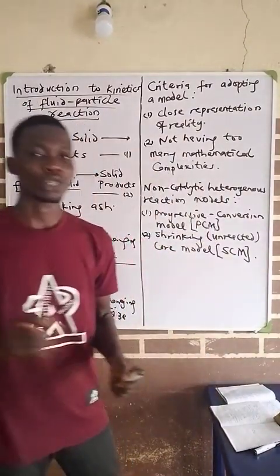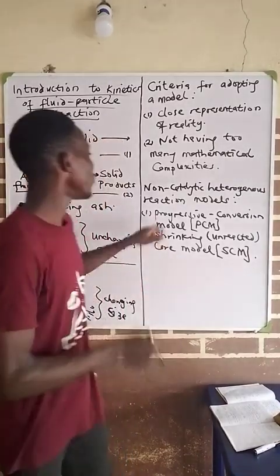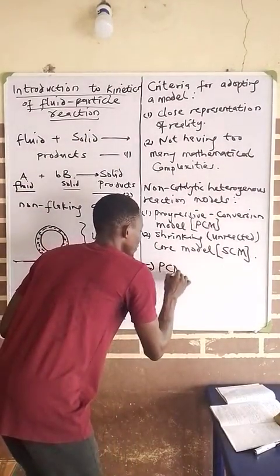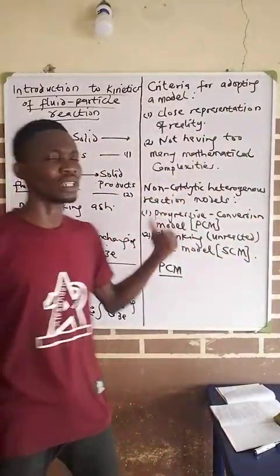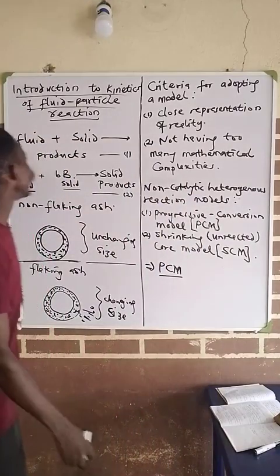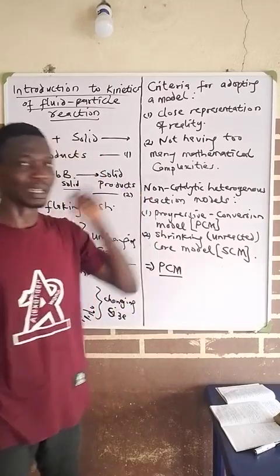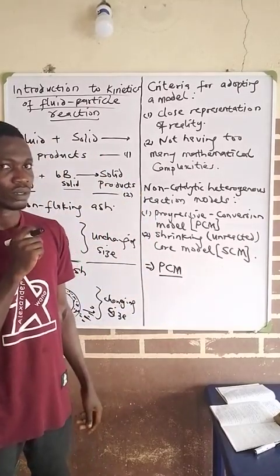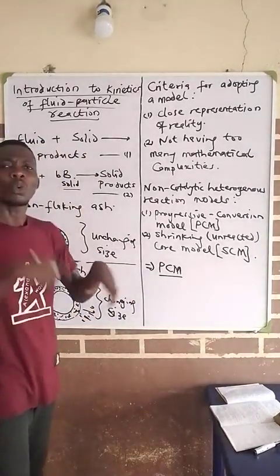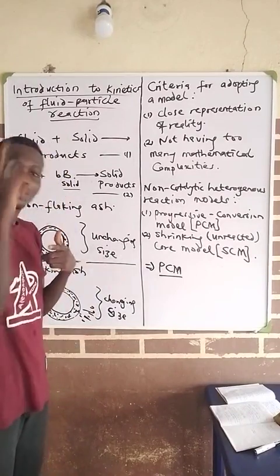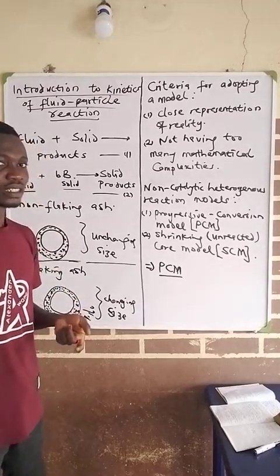For PCM, we visualize that the fluid enters the solid particle, diffusing throughout it, and the reaction between the fluid and the solid is continuous throughout the solid particle, happening at the same time but at different rates.